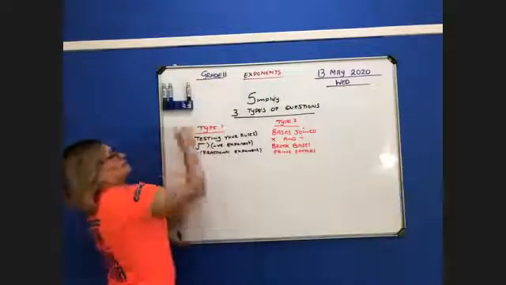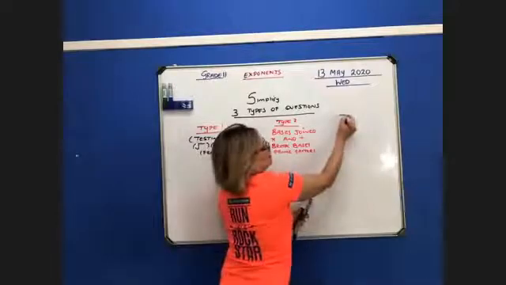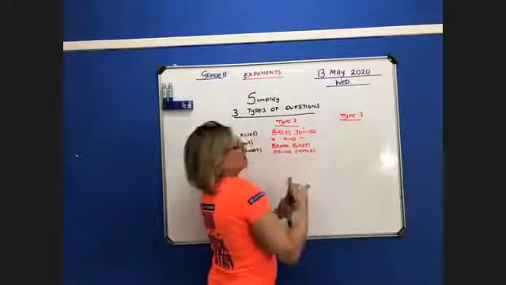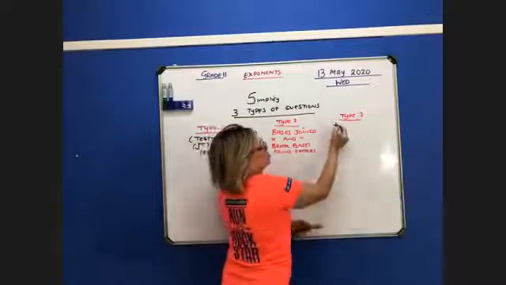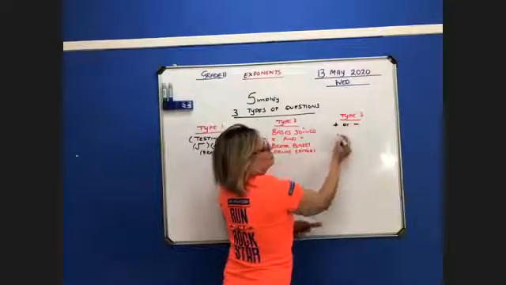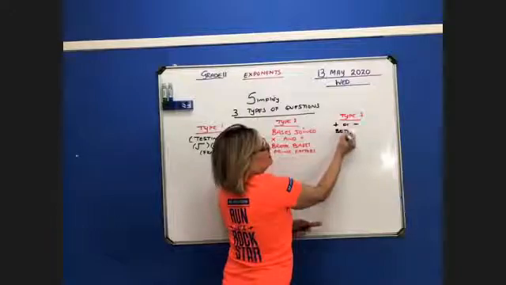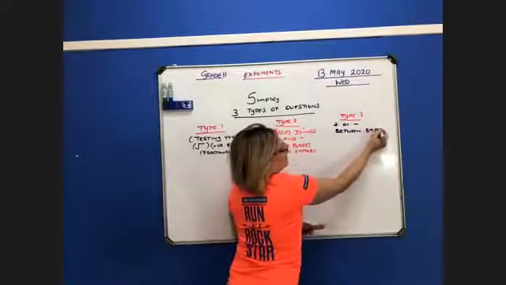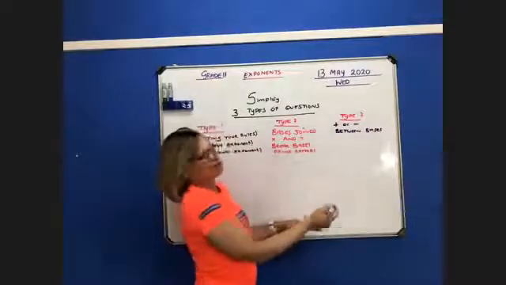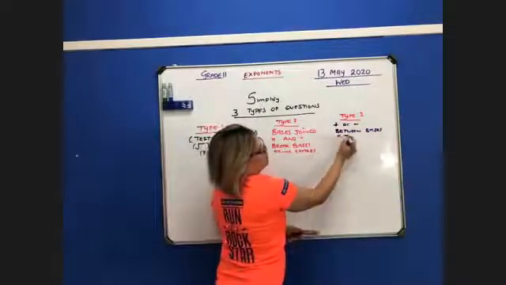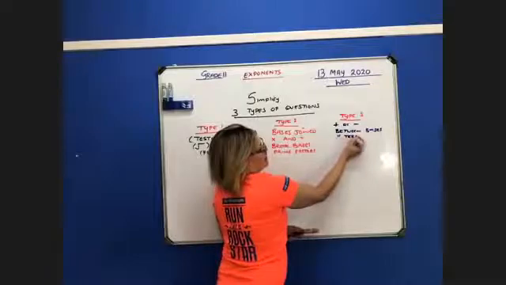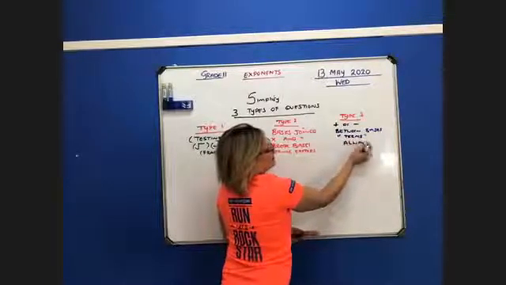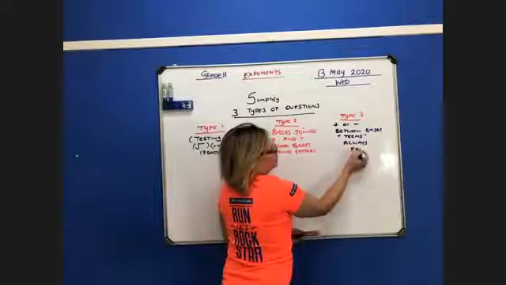And then type 3, which we didn't look at at all, but I'll be looking at today, is where you will get plus or minus terms between the bases, either in the numerator or in the denominator or both, which means we'll have terms. And if that happens, you will always factorize.